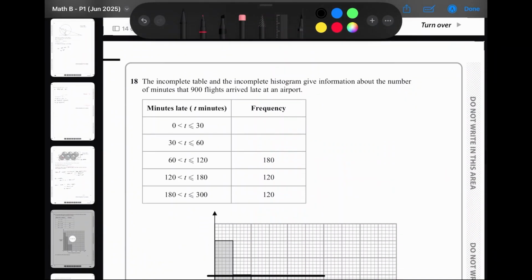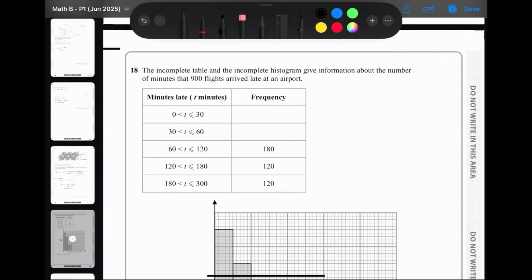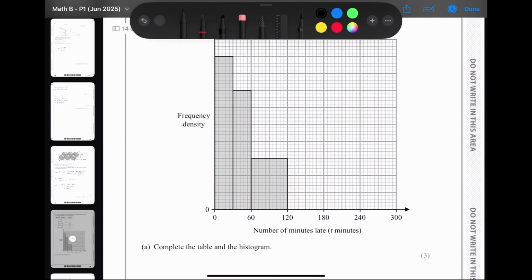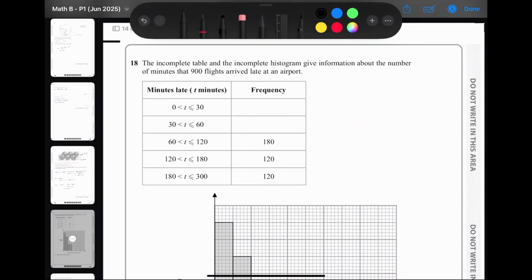For this next one, here is a histogram table and a graph to represent its values. We are asked to fill in the blanks of the table and also draw the incomplete graph properly. After taking a quick look, the common value that is drawn in the graph is the third row.